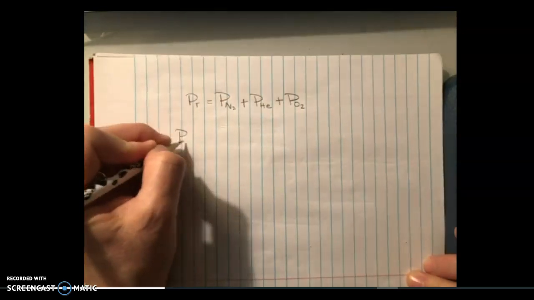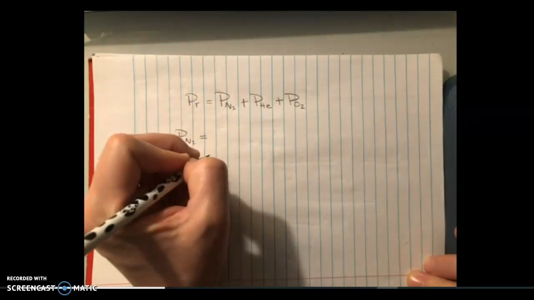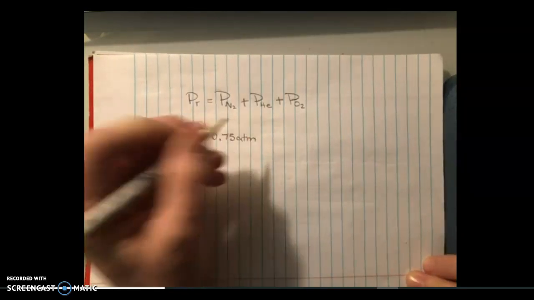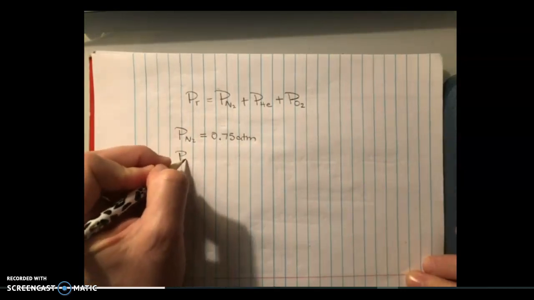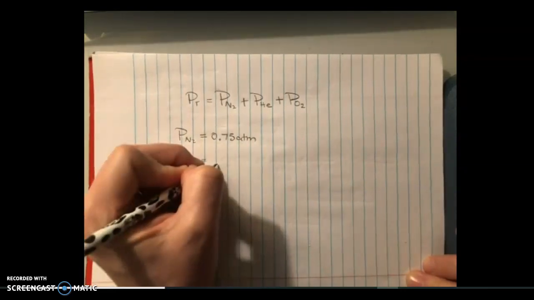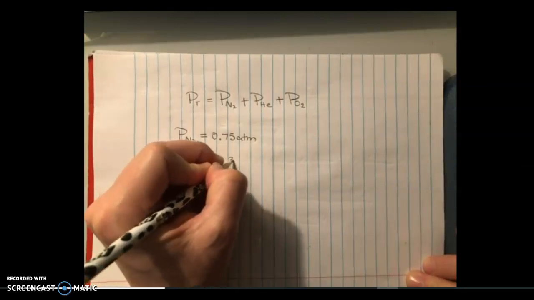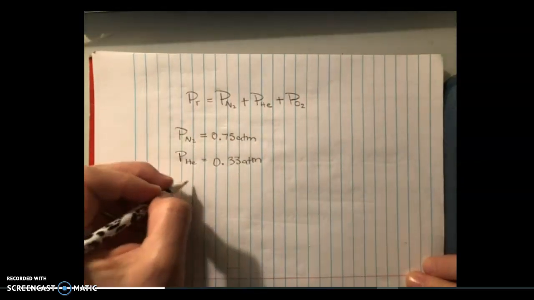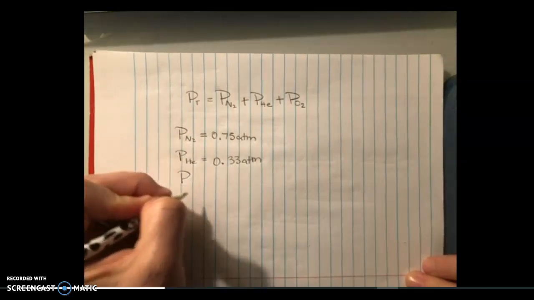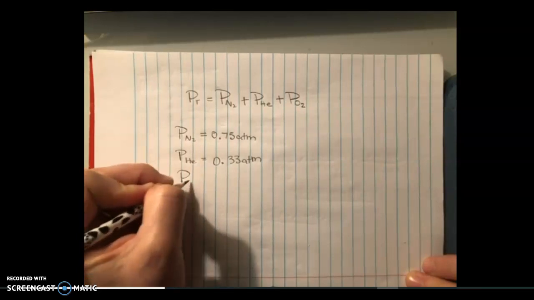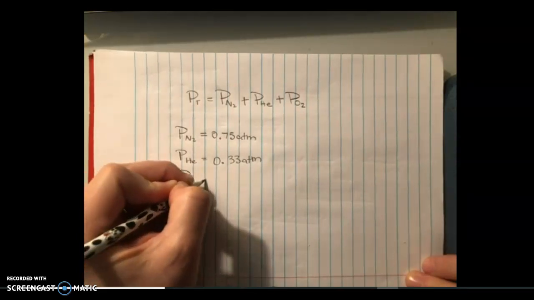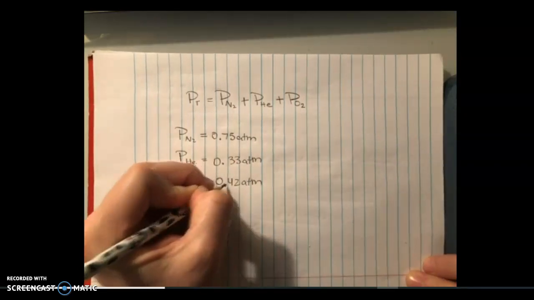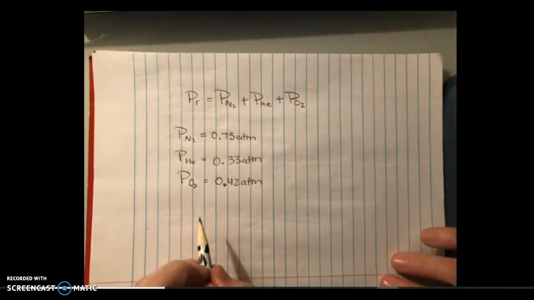So if we look at the pressure caused by nitrogen gas alone, that's 0.75 atmospheres. The pressure caused by the helium gas is 0.33. And the pressure caused by oxygen gas is 0.42. So in this case, we simply have to plug everything in.